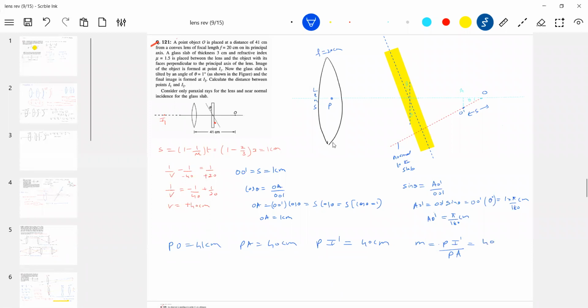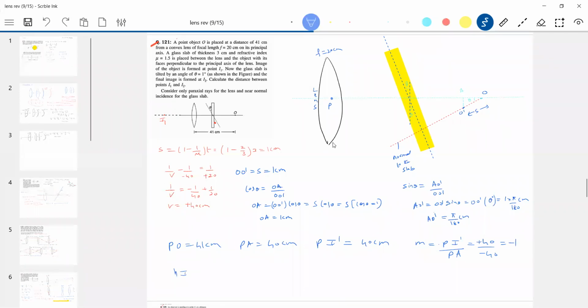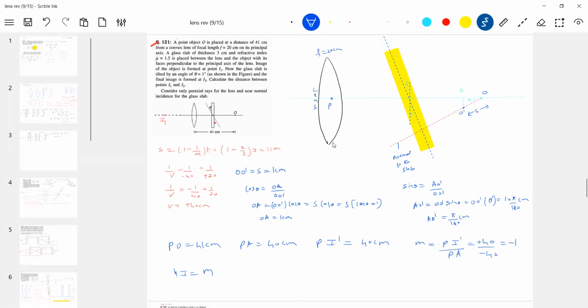PI dash is plus 40, this is minus 40, so minus 1. What is the height of the image now? The height of the image HI should be equal to magnification into AO dash. Magnification is minus 1, into pi by 180, so minus pi by 180 centimeter.